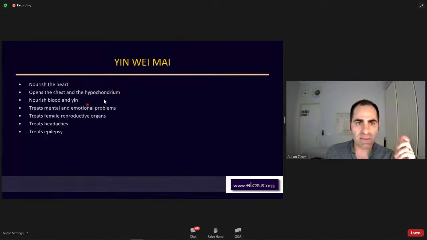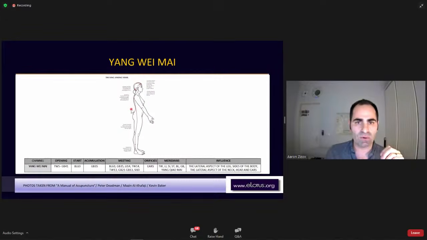Okay, and nourish the heart, open the chest, mostly these kinds of mental, emotional problems, reproductive organs, and so on. Yang wei mai, opening triple burner 5 and secondary with gallbladder 41, lateral aspect of the leg, sides of the body, lateral aspect of neck, head, and ears.